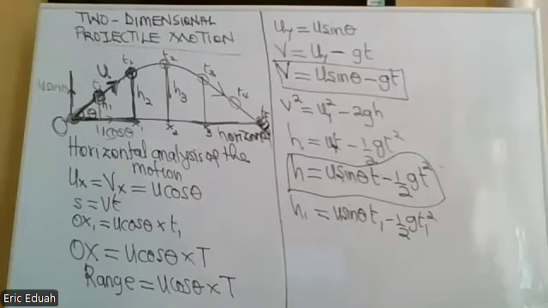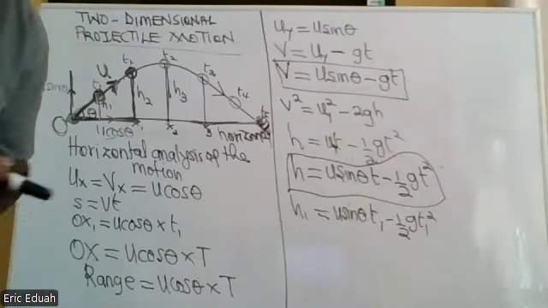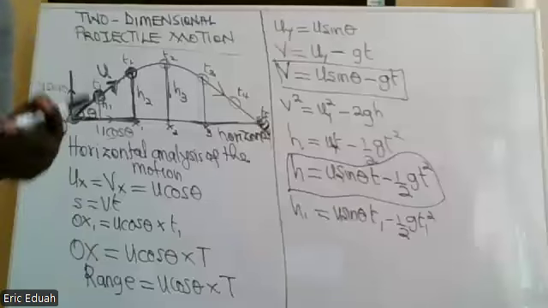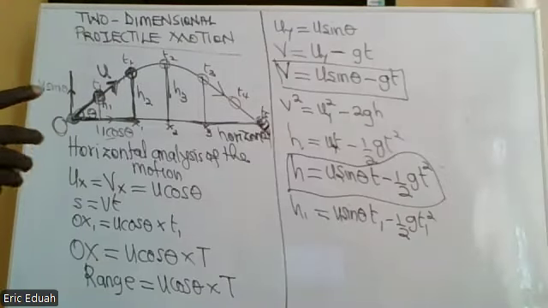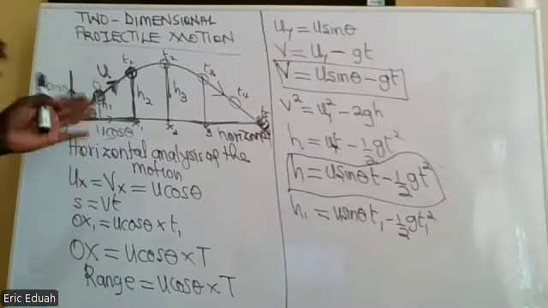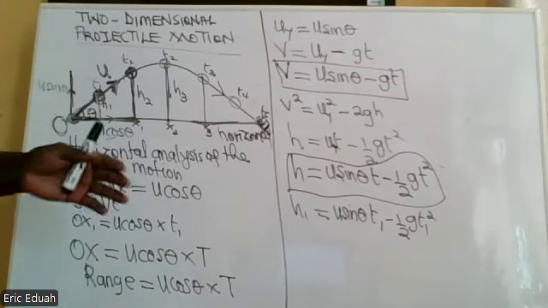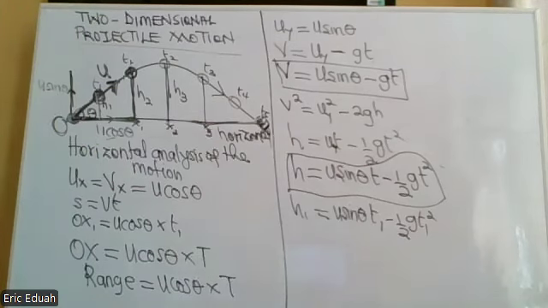Then the same question. I want you to help me calculate the vertical height traveled by the projectile after 1 second, 2 seconds, and 3 seconds. Theta is still 30. Velocity of projection is 100.